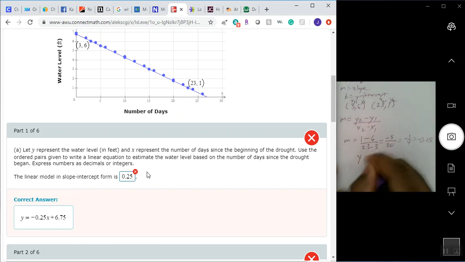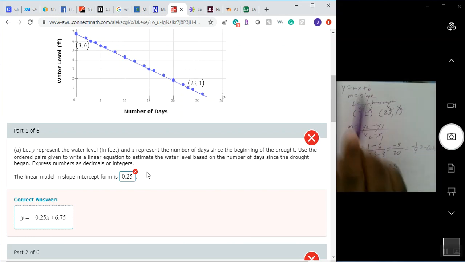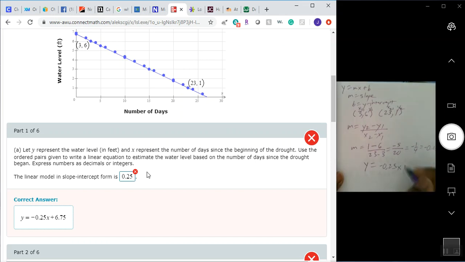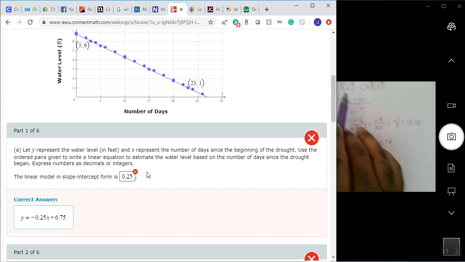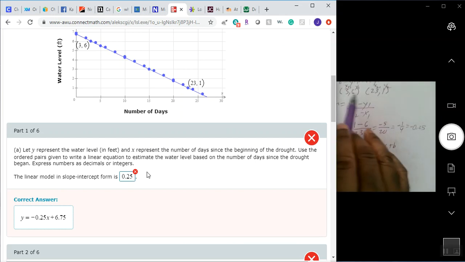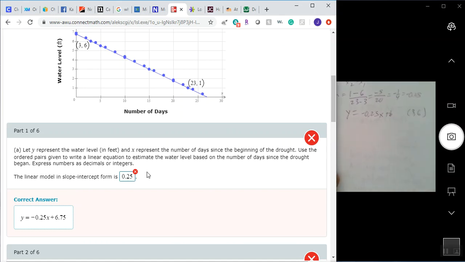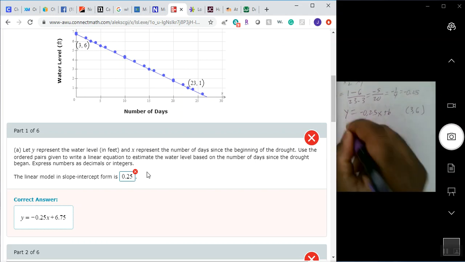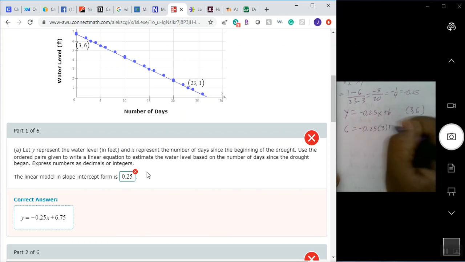So far with our equation, we have our slope, which is negative 0.25. We replace the m in this equation, and that'll be x plus b. Now we have to solve for b. To solve for b, we take one of the 2 original ordered pairs, the 3, 6 or the 23, 1. I would take the 3, 6. I'll write that here on the side. Then we substitute: 6 for y and 3 for x.